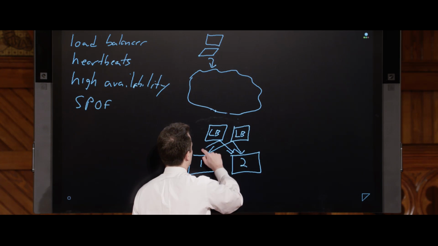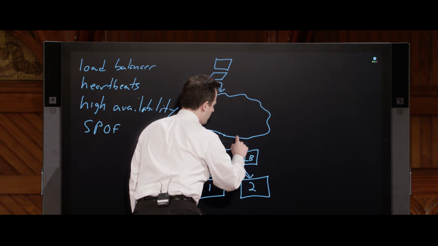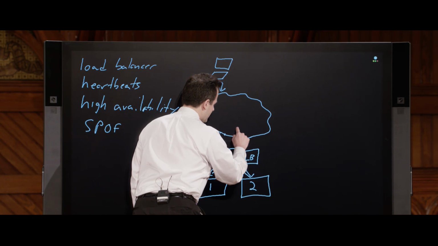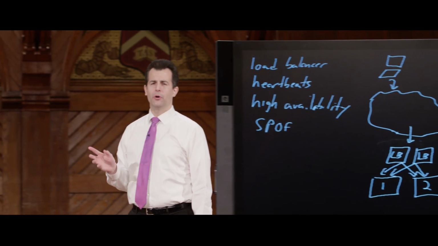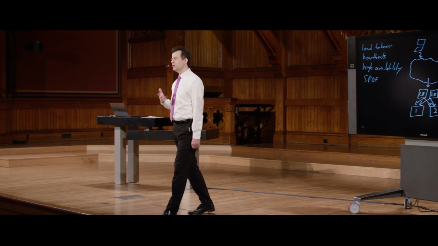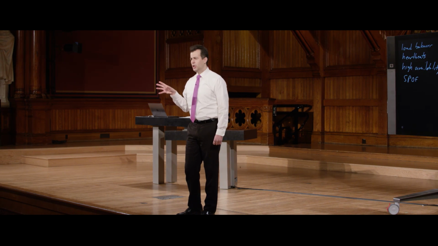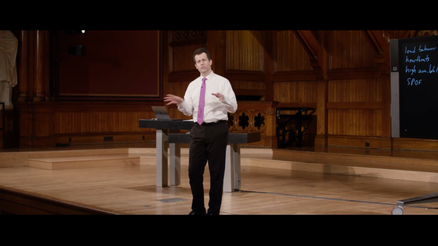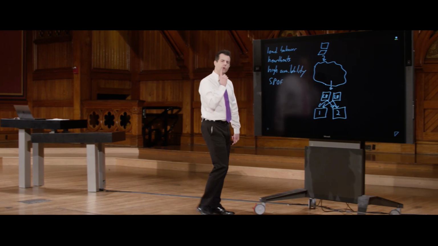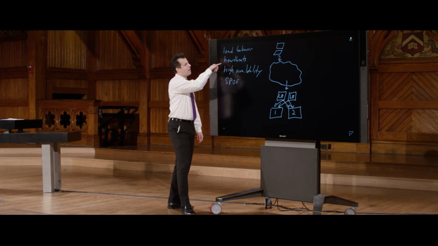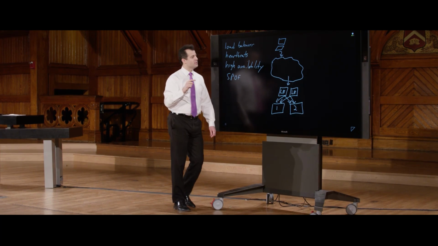So we already have this necessity. And somehow traffic has to come from the internet into this set of load balancers, but probably only to one, because we don't want to solve this with DNS and just have 2 IP addresses out there, because if one breaks, we can recreate the same problem as before if we're not careful. So what if we do this? What if we use this building block of heartbeats in another way as well?